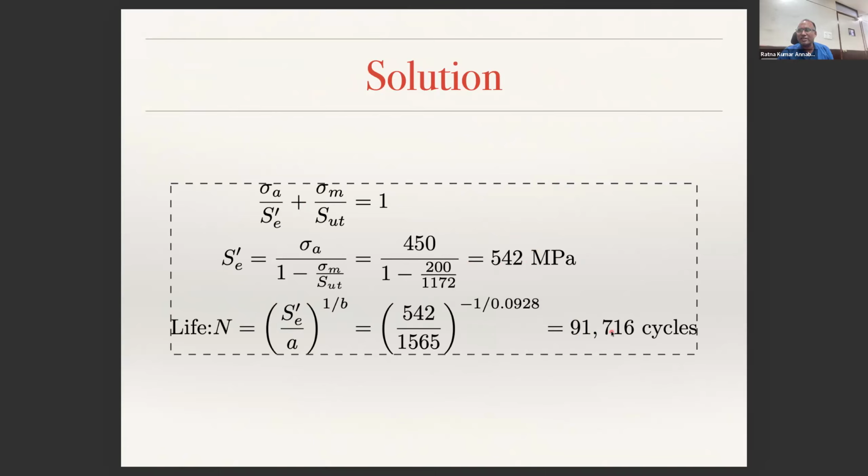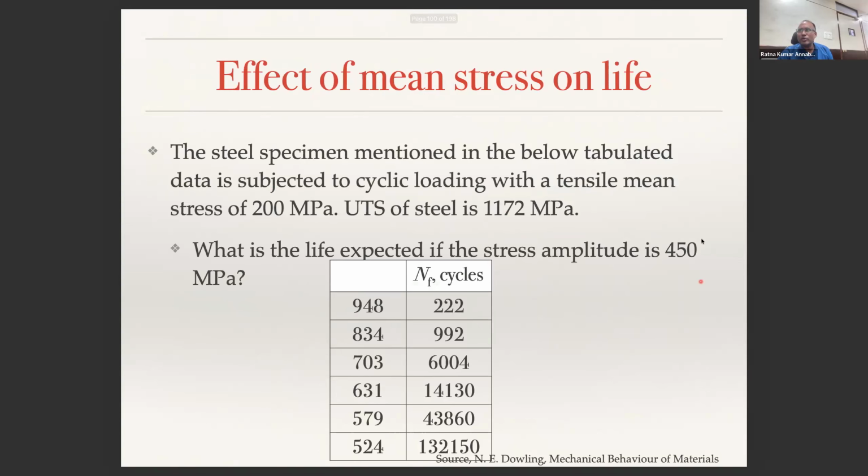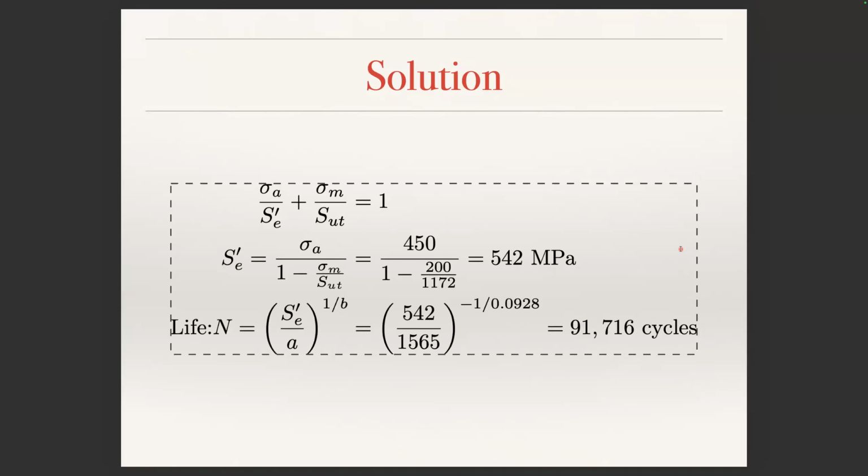That is what it means, isn't it? But if you increase the mean stress from 0 to 200, this 542 has reduced to 450, because at 200 MPa mean stress we can only have 450 MPa stress amplitude. So that is what we are talking about. Is that clear? Yes, sir.